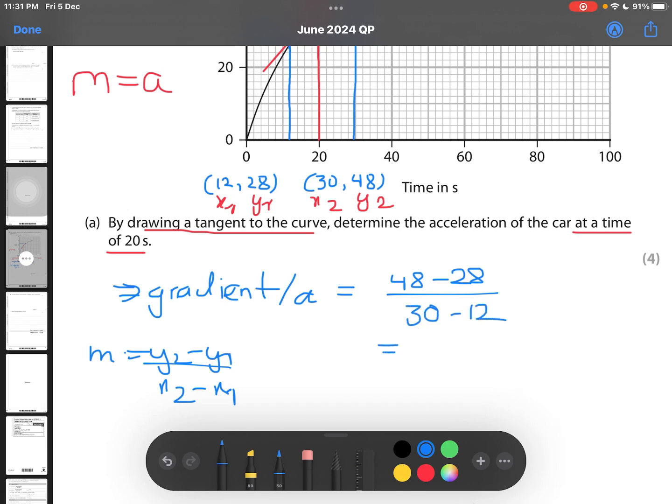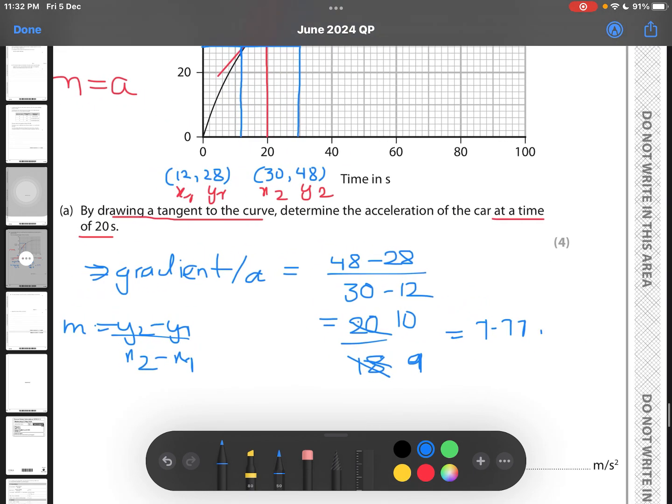So it should be 20 over 18, which is 10 over 9. If we divide this and find the value, it would be 1.11.